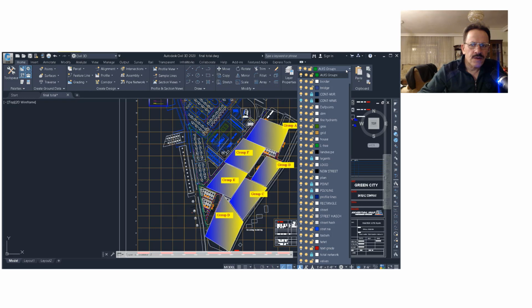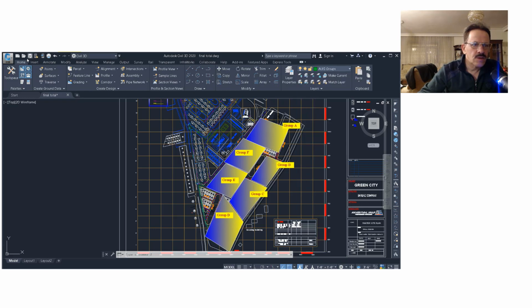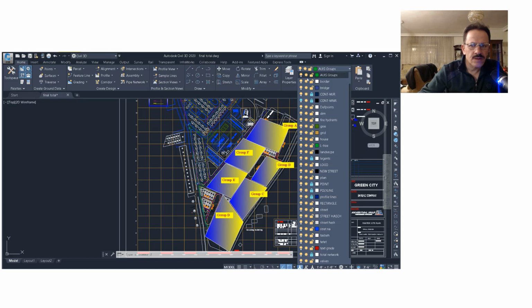Here are the layers. You can see them from the home tab. By the way, I made a layer for you, showing which zones you are going to work on. And here are all the layers that we have.